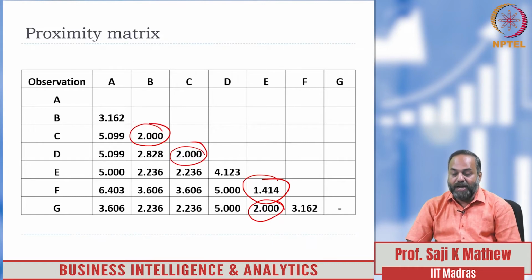So there are 3 pairs which have very similar values, and obviously we would think they are very similar in terms of how they felt and responded. As far as loyalty is concerned, these 3 objects are very close to each other, but at the same time E and F are also in the same league.